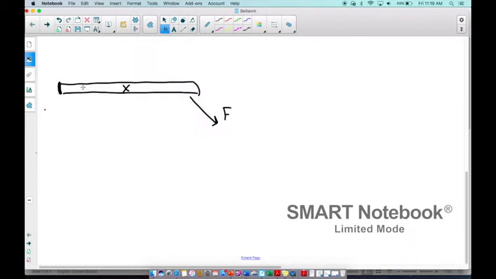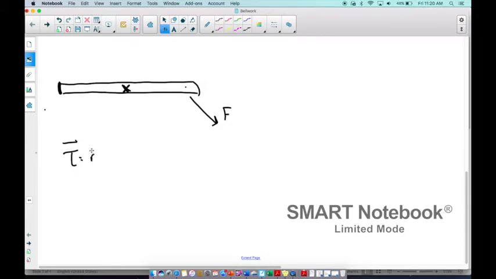Okay, let's say that we have a rod or something. It could be a meter stick, something like that, and its axis of rotation is right here. And we're applying a force. We're pushing it down this way. So here's the point of application of the force, and there's my force vector. I want to know which way is the torque pointing. So the first thing we have to do is remember what torque is.